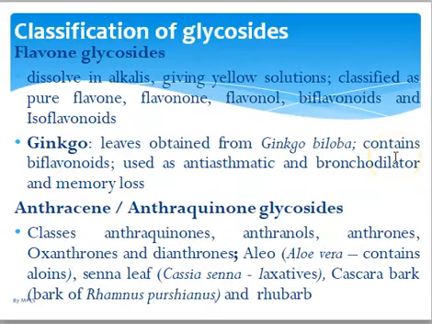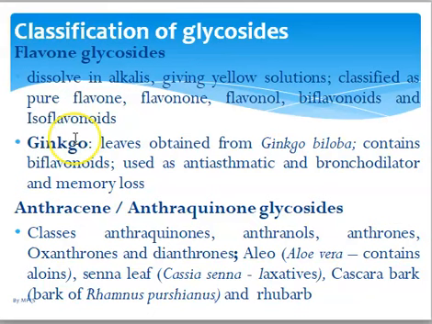Of course, we have other classifications of glycosides. We have the flavonoid glycosides. These are dissolved in alkalis, giving a yellow solution. That's why they are called flavones. They are classified as pure flavones, flavonols, bioflavonoids and isoflavonoids.